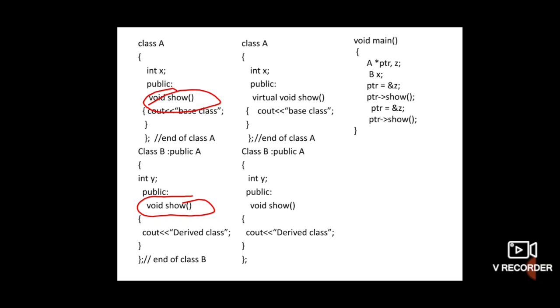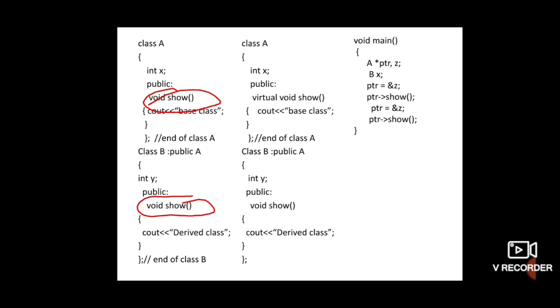Now see, first write the main program. In the main program, how to invoke a member function? As usual, using an object. Now create a base class object. The base class is A, the object is Z. Again, in this virtual function program, a B class object is created.